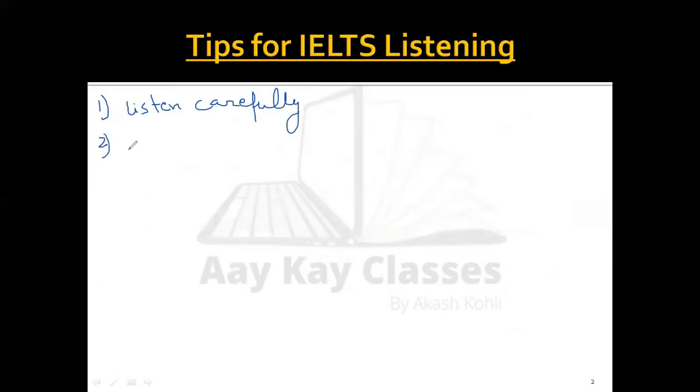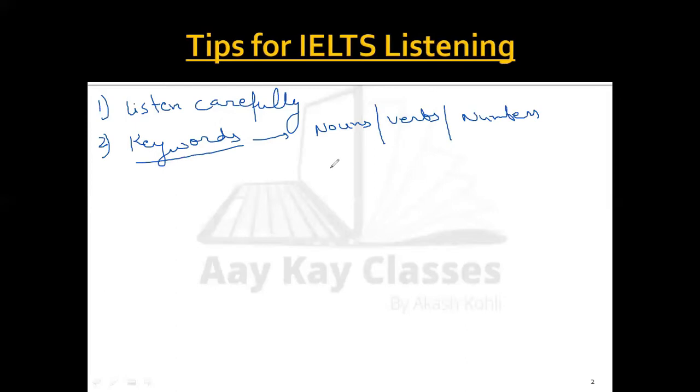The second thing you need to follow is the keywords. This is always a kind of a problem, that what are keywords. So I would say you go for some nouns, verbs, numbers, articles, or prepositions. Yes, right, you need to focus on these things. Why?